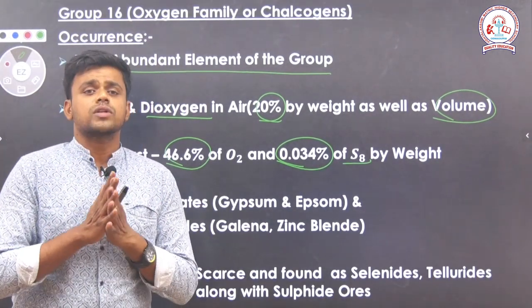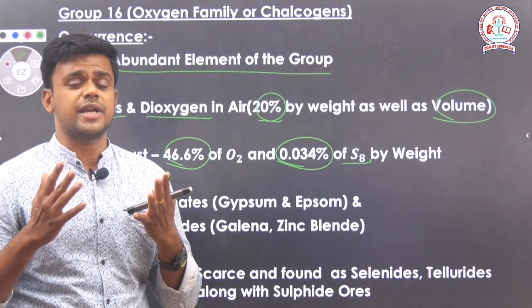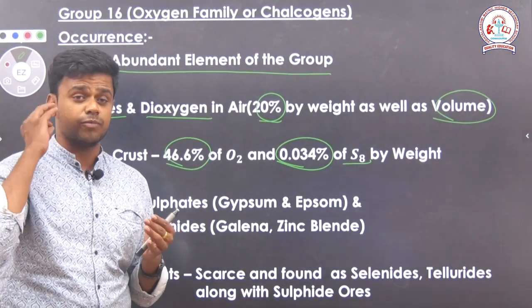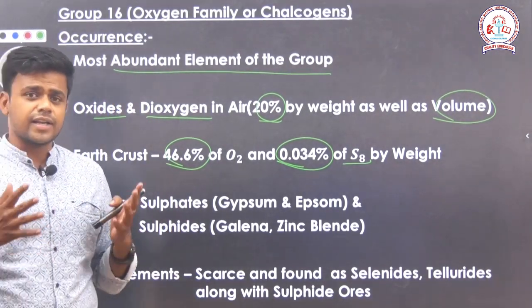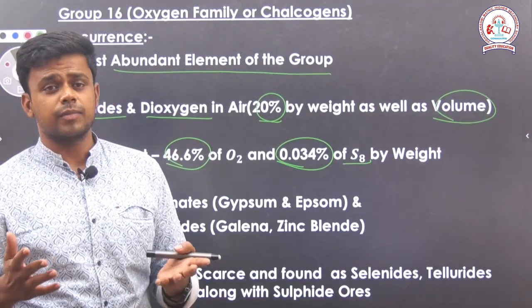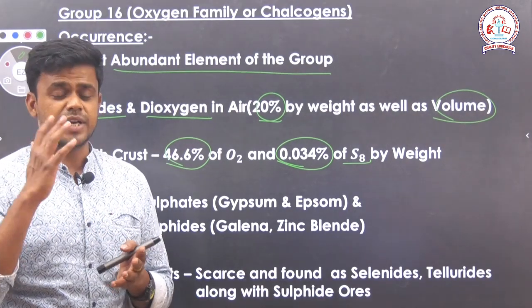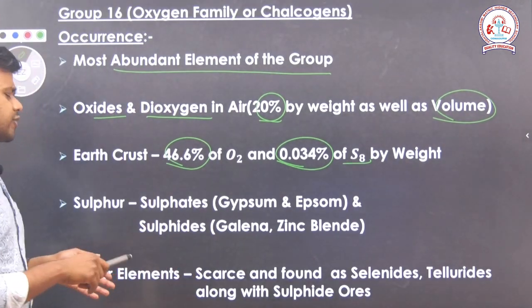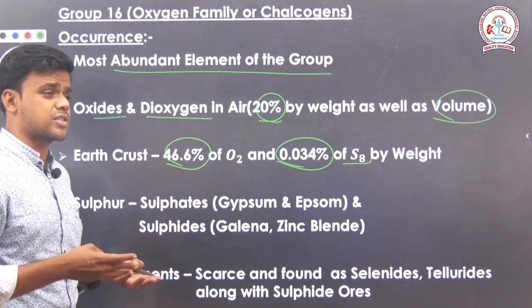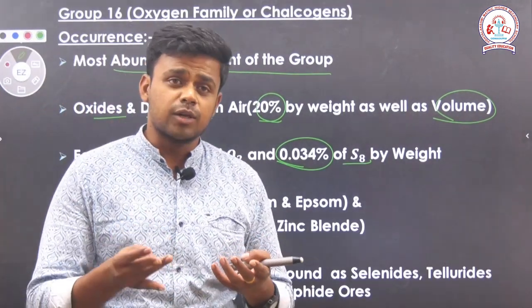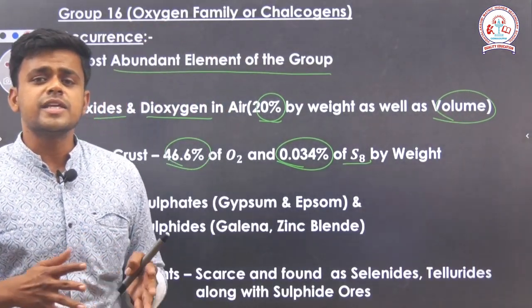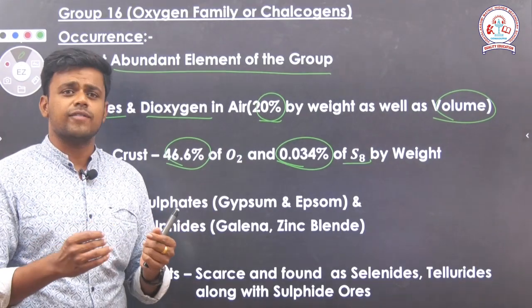The prime ores for sulfate are gypsum and epsom salt, in which sulfur is very prominently present. Sulfides are galena and zinc blende, PbS and ZnS, which is widely known from the first unit itself. The rest of the elements, other than oxygen and sulfur, selenium, tellurium and polonium, are found in very little amount.